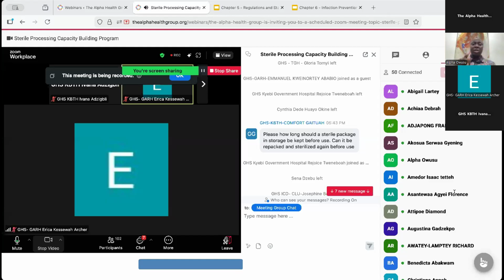I would want us to choose 6 months, and the reason being that the way that our sterilization packages are kept, they are very vulnerable. So I don't want them to stay that long. So we will sit as a team and come up with a policy that if not used within 6 months, it will be reprocessed. Is your question answered, kindly?